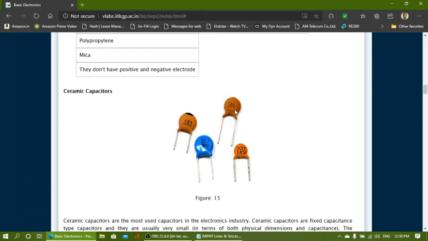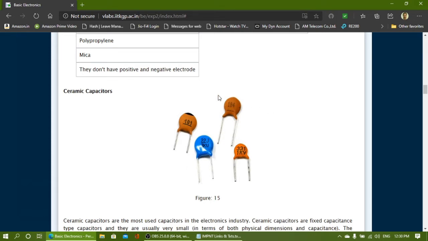This is 104, that means 10, and you have to add 4 zeros at the right hand side of the 10, so you have 1 and 5 zeros, and the whole value comes in picofarad, that means 100,000 picofarad.